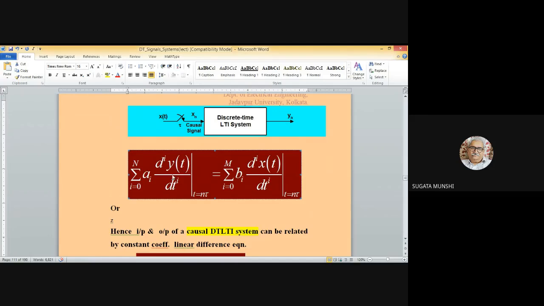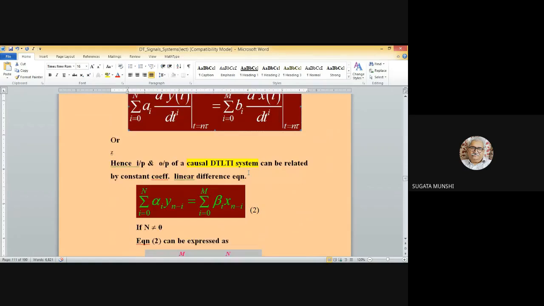So that ith order difference equation will be multiplied by a_i. Here the ith order difference relation should be multiplied by b_i. Therefore, if I combine this, you will get an expression of this form. Now is it clear? Yes, sir. Okay. So that is called a constant coefficient difference equation relating the output y[n] and the input x[n].